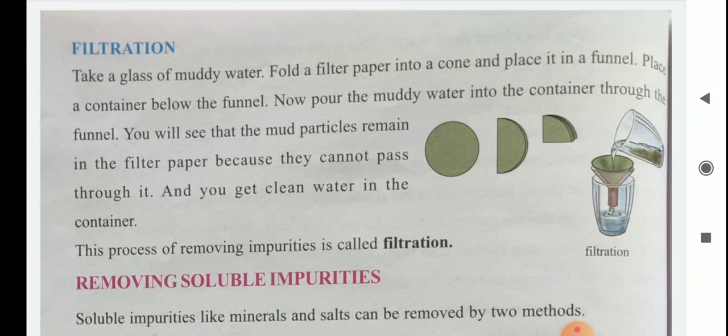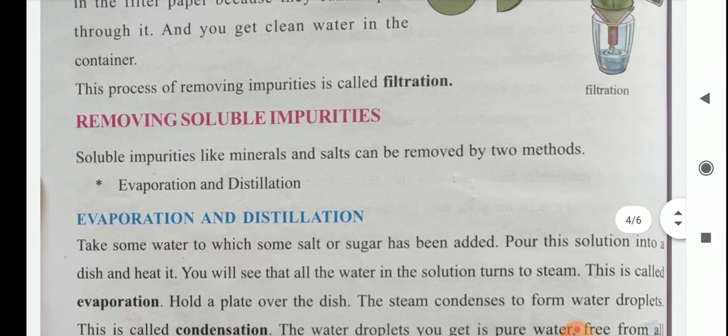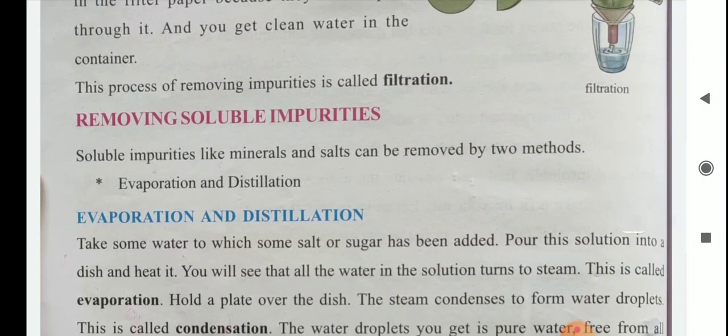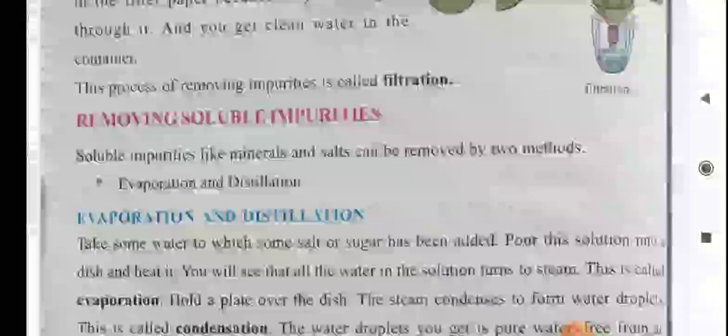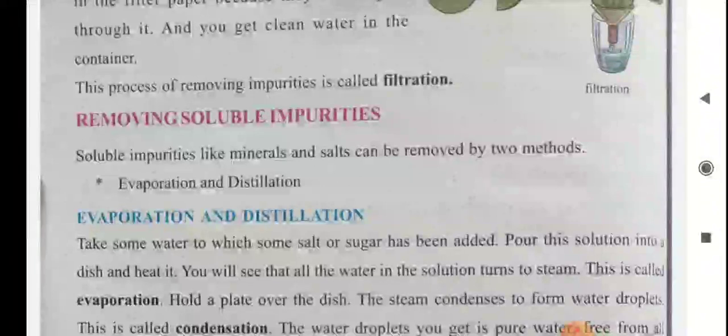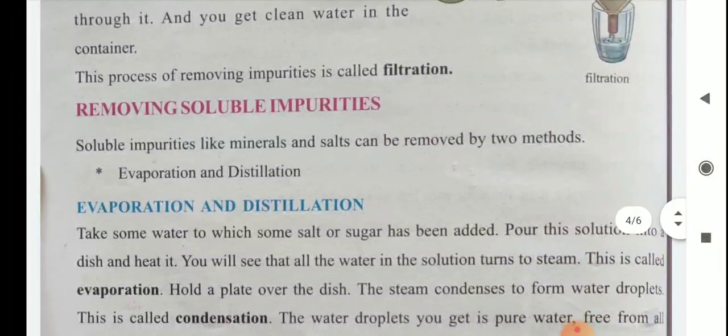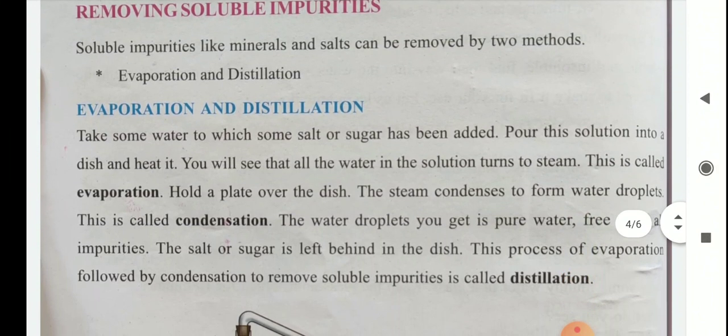Now we see removing soluble impurities. Soluble impurities like minerals and salts can be removed by two methods: evaporation and distillation. Evaporation you already know, children. Take some water to which some salt or sugar has been added.